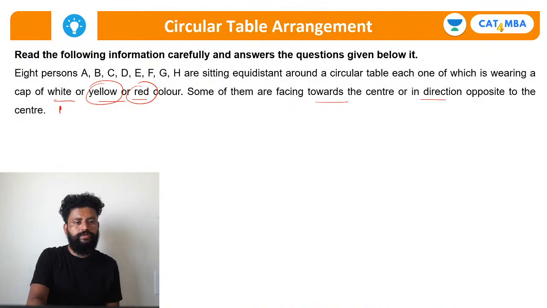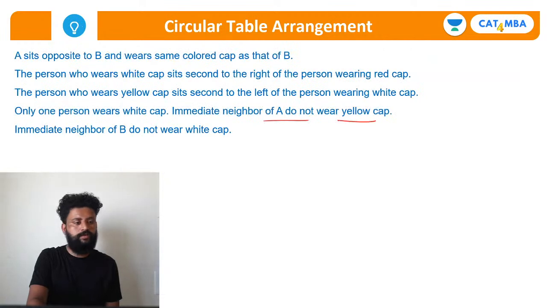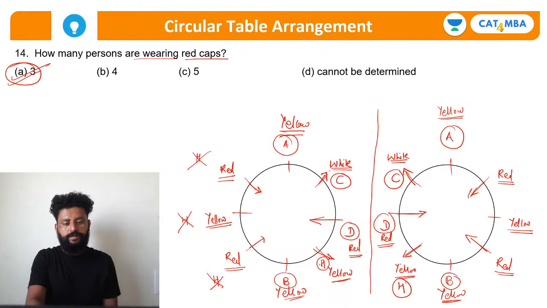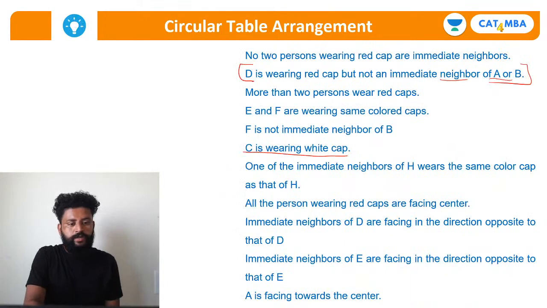Even we don't have the count for facing, some of them facing towards center and some outside. The immediate neighbor of B do not wear the white cap, that's done already.